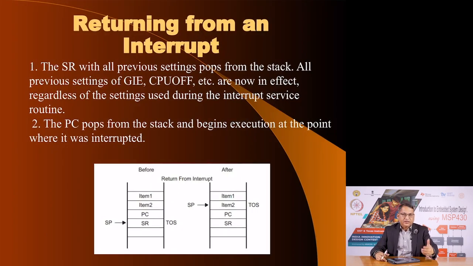Now, once you are inside the interrupt subroutine and you have executed the program, you would do the same things that you did while getting into the interrupt subroutine in the reverse order.